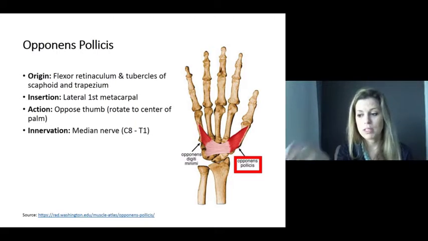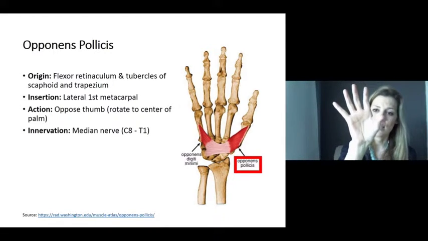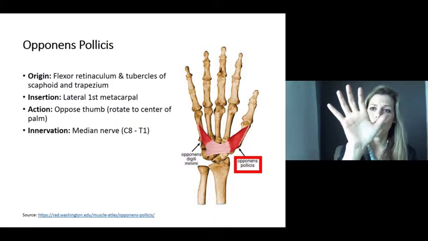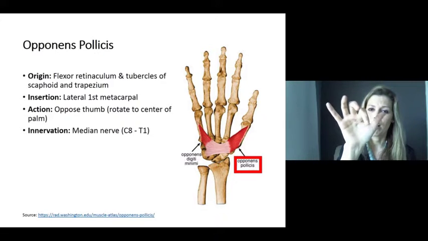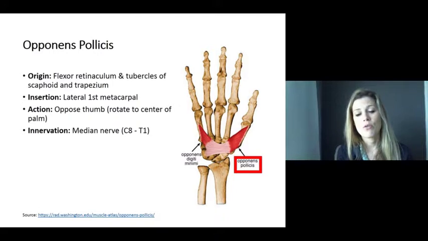You might oppose to hold on to change. If you lose that ability to translate that thumb across, there's no way for your index finger to make contact for pinching patterns. So essentially, you rely on that opponens pollicis to be your key muscle for all of your functional pinch patterns.